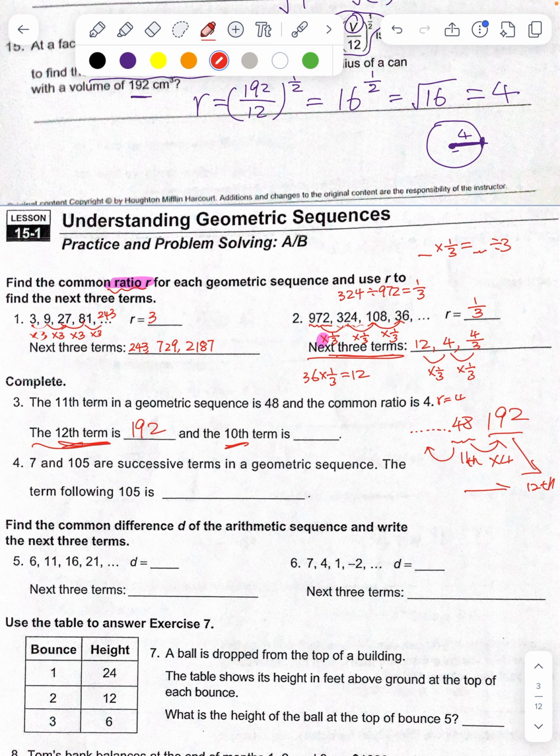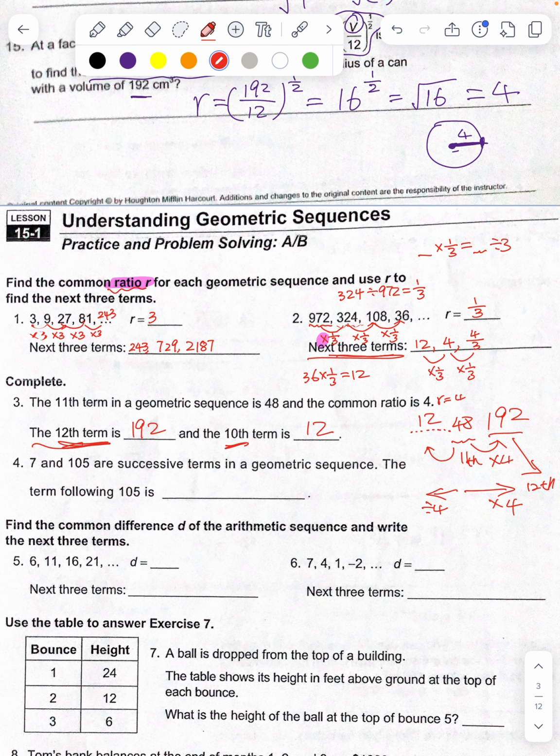Going this direction is multiply, so going backwards is divide. 48 divided by 4 is 12. We can also check: 12 multiplied by 4 equals 48, and 48 multiplied by 4 equals 192. So the 10th term is 12.